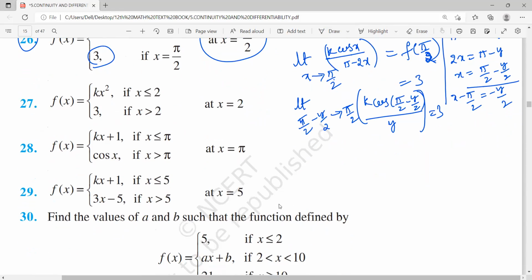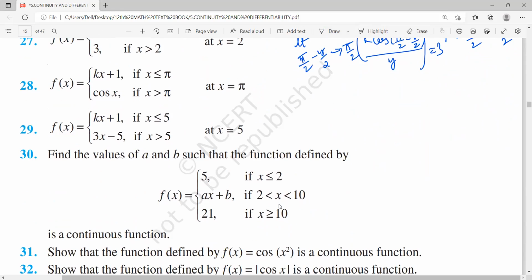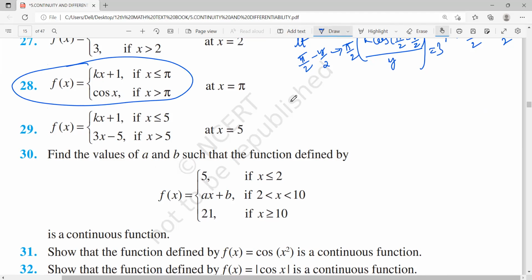K into... 28 also the same. Pi. What is cos pi? Cos pi is minus 1.